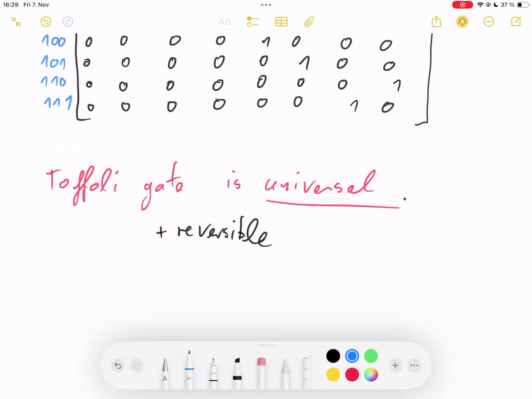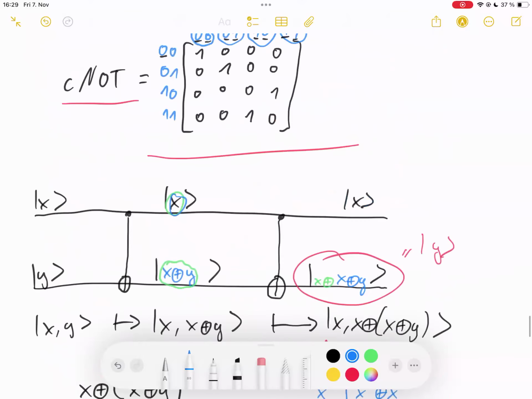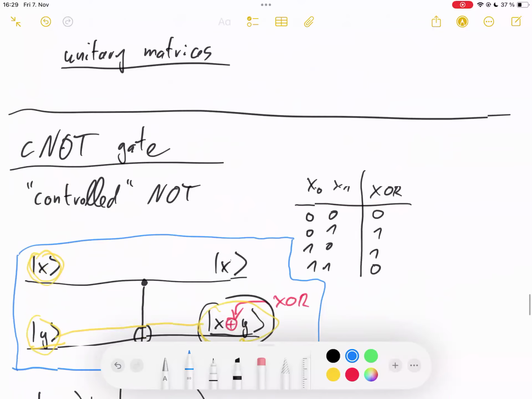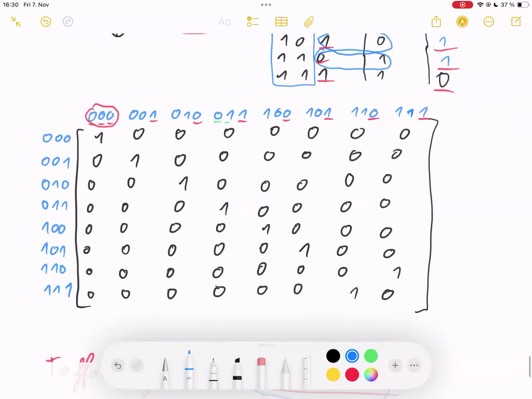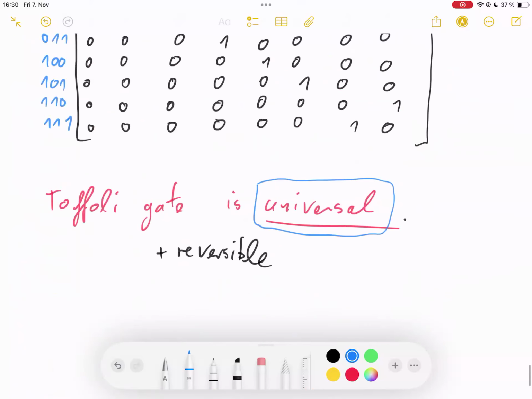This universal part here, it's universal from a binary perspective. And I told you the Toffoli gate is also a quantum gate. And I promised you at some point I would tell you why we have a subchapter on reversible gates and not directly call that chapter quantum gates, because the Toffoli gate is universal from a logic perspective, from a binary perspective, and it is a quantum gate.